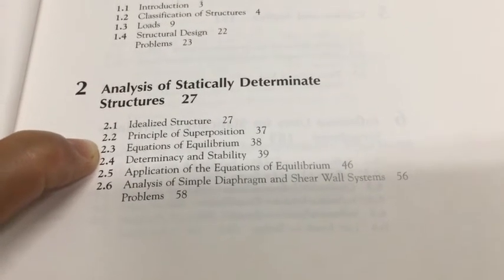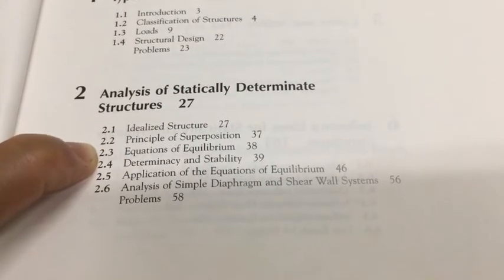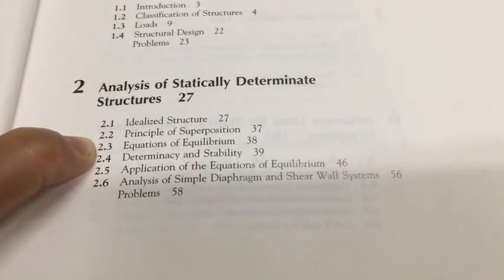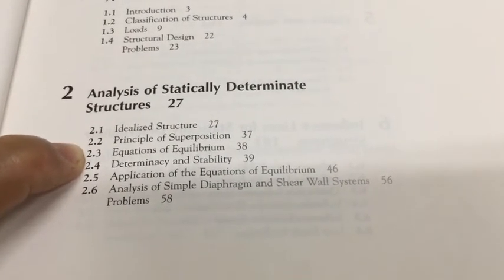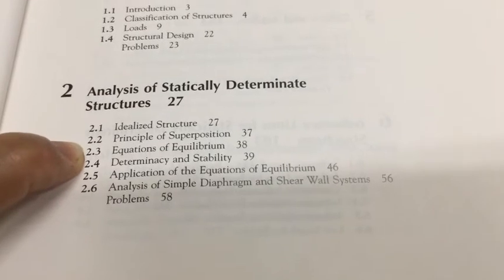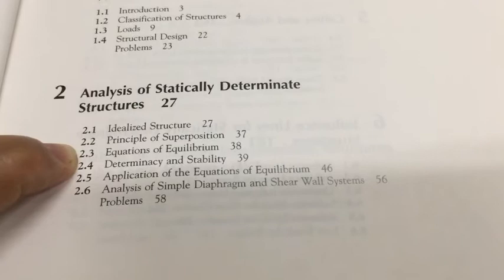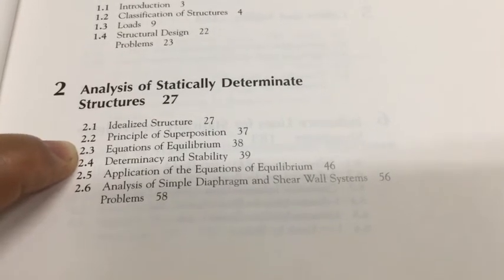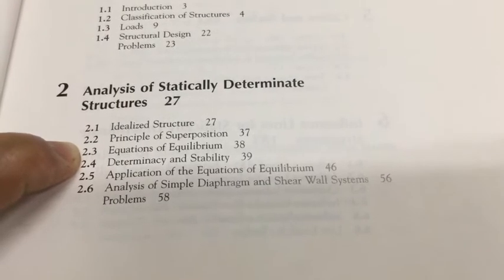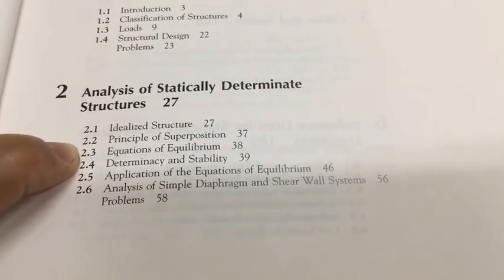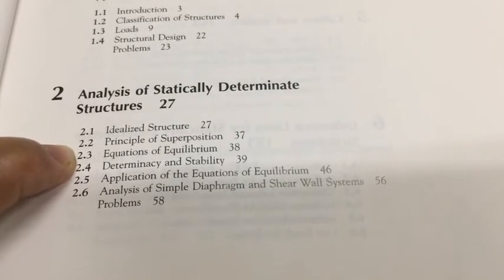And then the summation of the force in the vertical direction, which is the summation of F sub y, is equal to 0. And the last one is the summation of the moment to prevent the rotation is equal to 0. So that means we can solve the structure in 2 dimensions with 3 equations to get 3 unknowns.